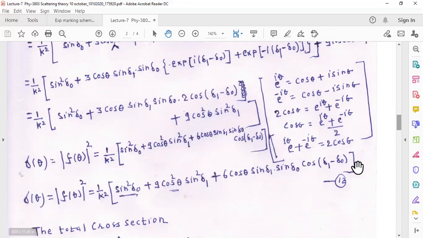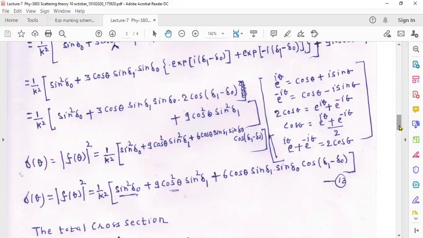This is the term which you remember, and this you have to calculate. This is the differential scattering cross section because of the contribution of the two terms, delta 0 and delta 1, because we have considered delta 2, delta 3, delta 4 negligible. So we have not included those terms.